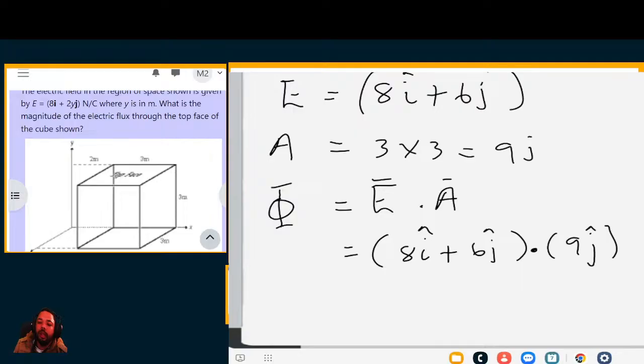And there we have the electric flux. Of course, you still need to calculate all of this out. So this will be 8 multiplied by 0, because there's no i hat component, plus 6 times 9.